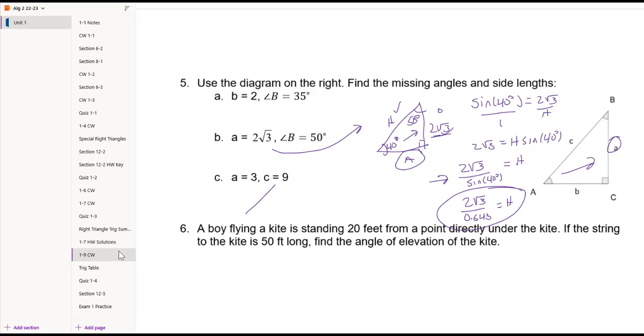In a problem like C, where you get side lengths only, again, little a here is 3 and C is 9, and so it's not clear which angle is smaller, but I think it's this one. So let's start with that. The sine of theta is, I'm using the smaller acute angle because I want the number to be in the table, so the sine of theta is a third, which as a decimal is 0.333 repeating.